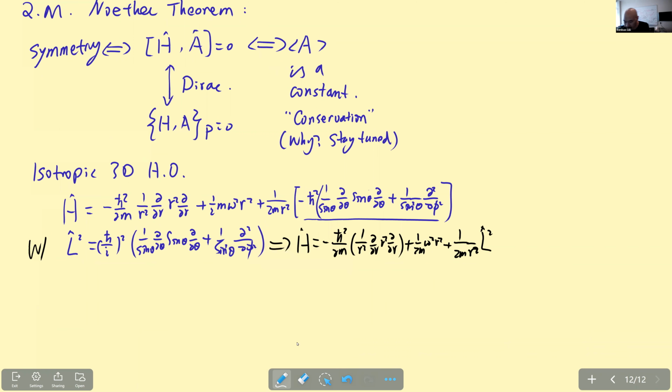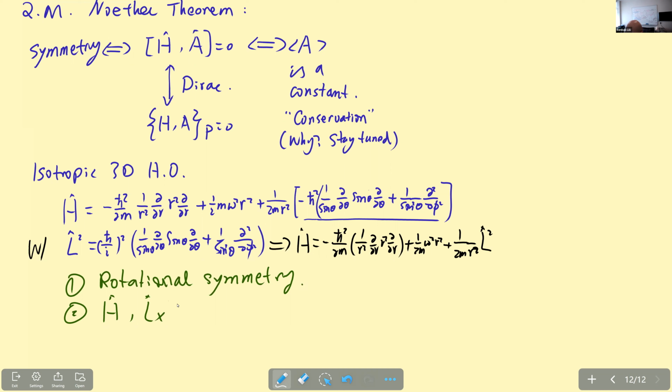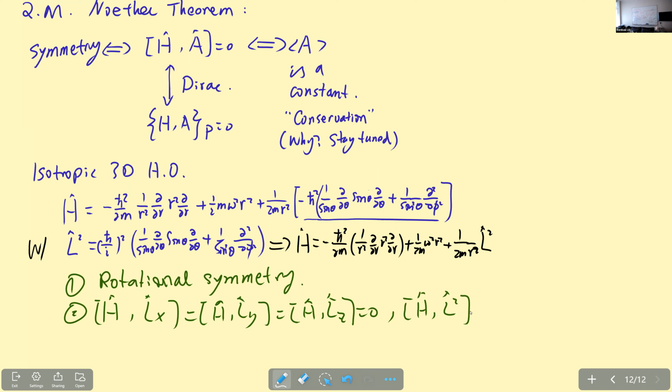Immediately you can see that, of course, we have a symmetry. One important thing is that first we have rotational symmetry. And secondly, you can see that the Hamiltonian commutes with Lx, with Ly, with Lz, and also, of course, with L squared.